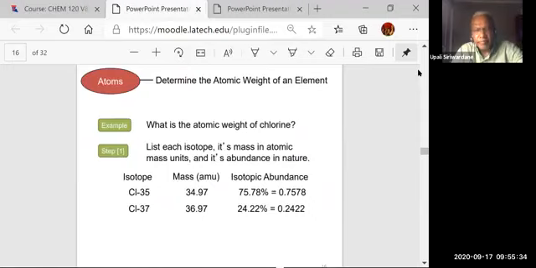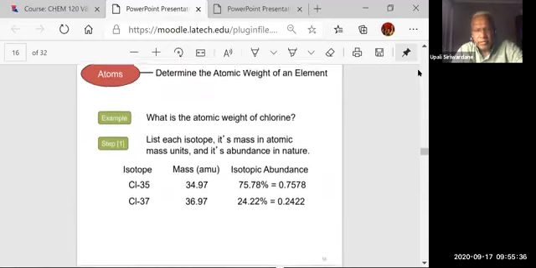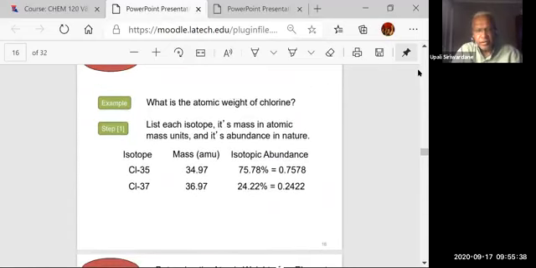We have an example, chlorine. Chlorine has two isotopes, chlorine-35 and chlorine-37. Their exact masses are 34.97 and 36.95, close to whole numbers, but their abundances are different. 75% of 35 and 24% of 37.